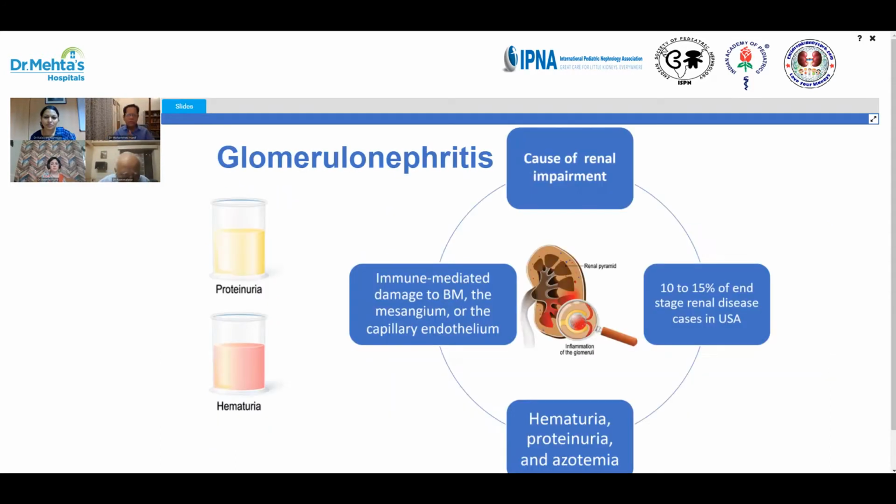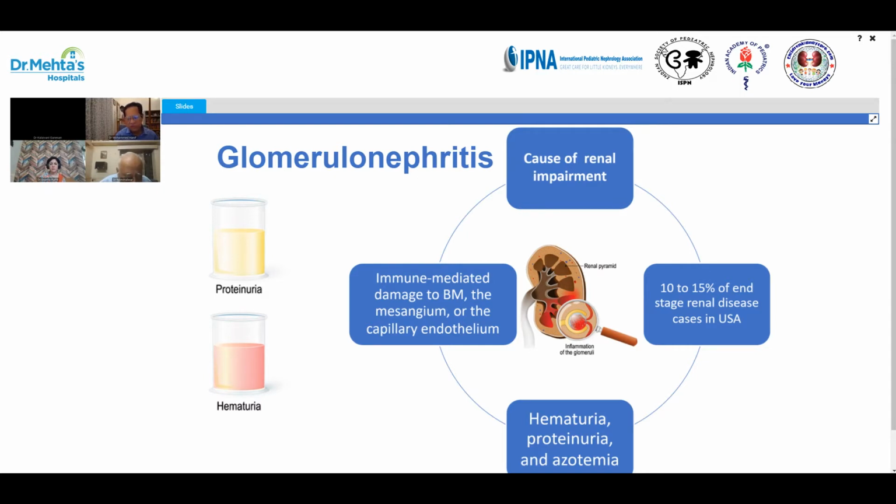In glomerulonephritis, there is inflammation which causes nephron impairment, and it is one of the important causes of end-stage renal disease in the USA, about 10 to 15% of cases. There is immune-mediated damage to the glomerular basement membrane, the mesangium, and the capillary endothelium, leading to inflammation.